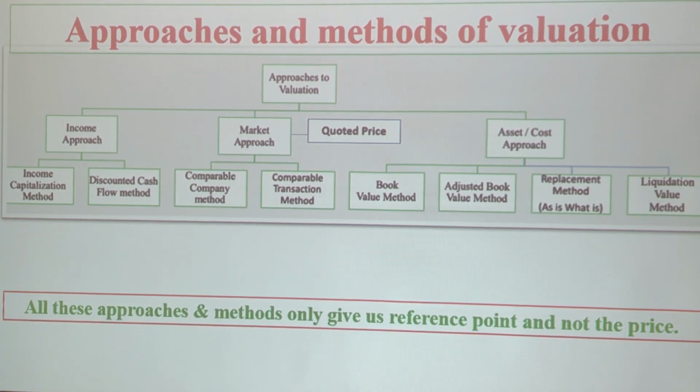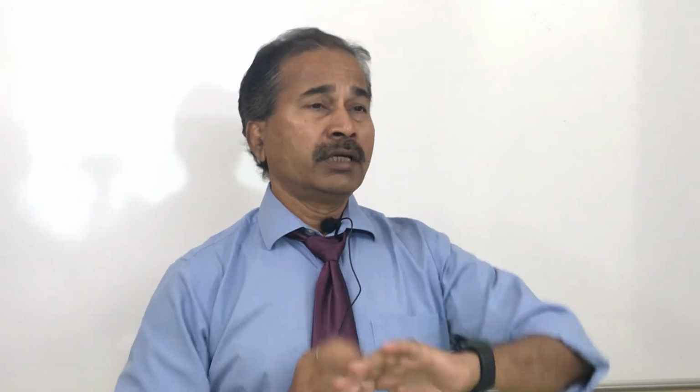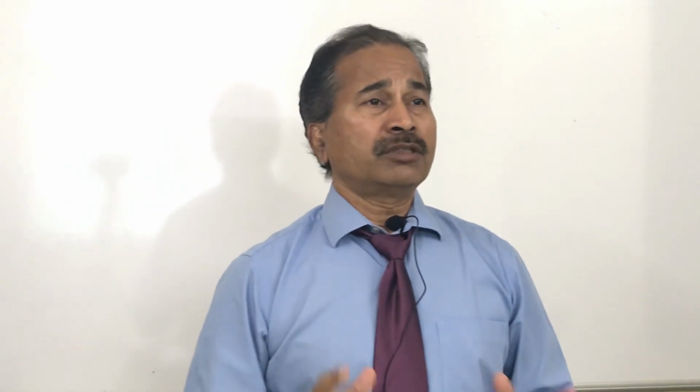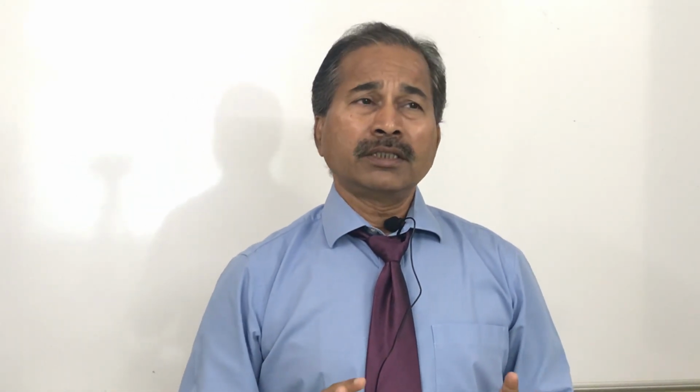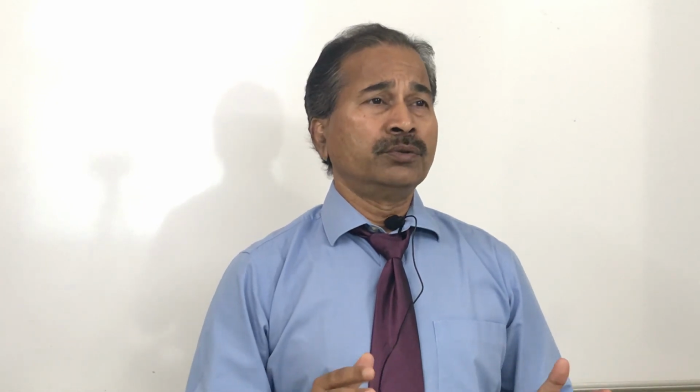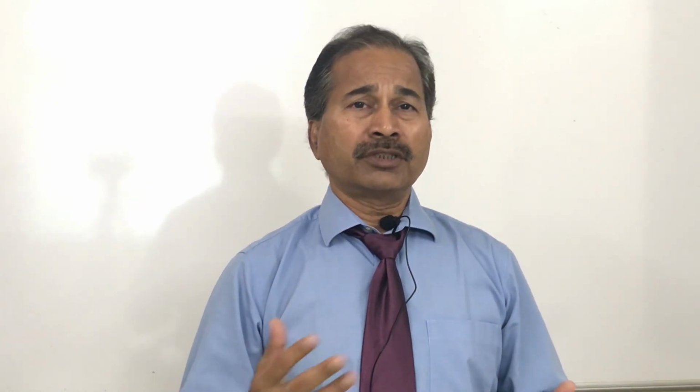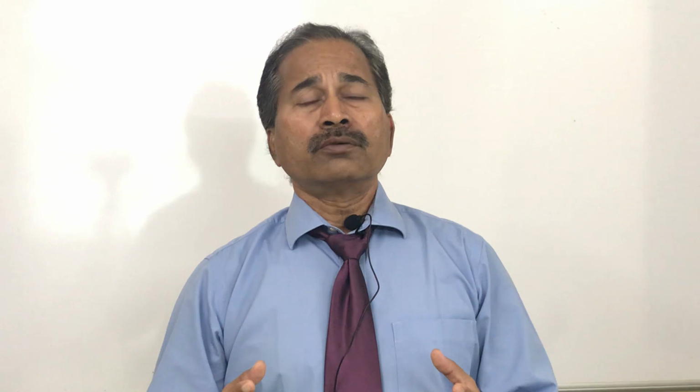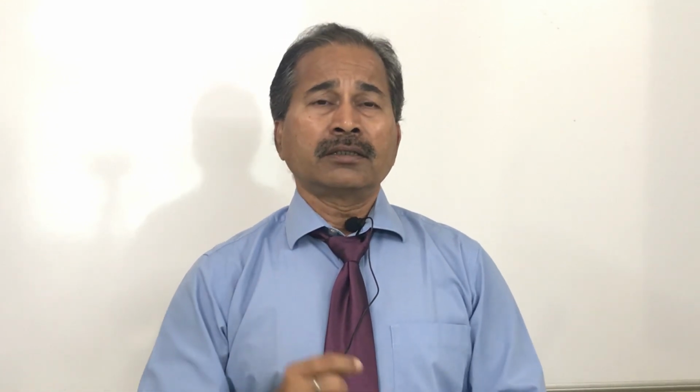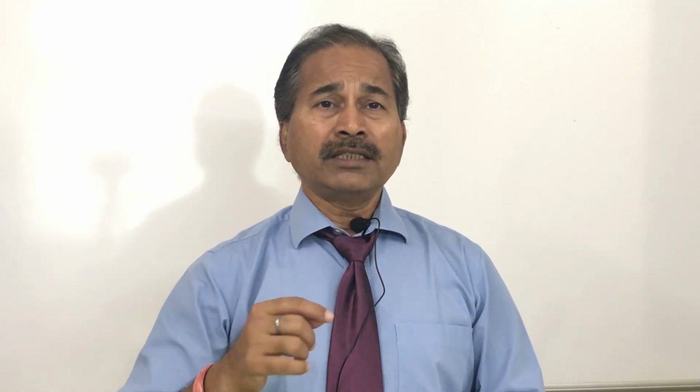Let's look at the different methods. Number one is the income capitalization method. What it is is very simple. Under the income capitalization method, you find out the income of the company for the last 3, 4, 5 years and then average it, and normalize the income.